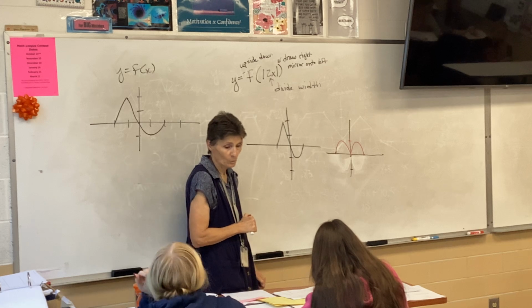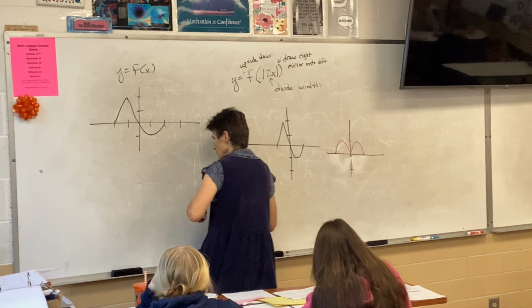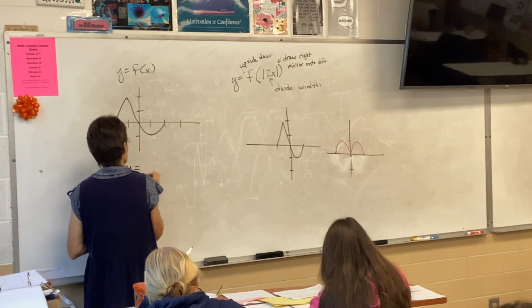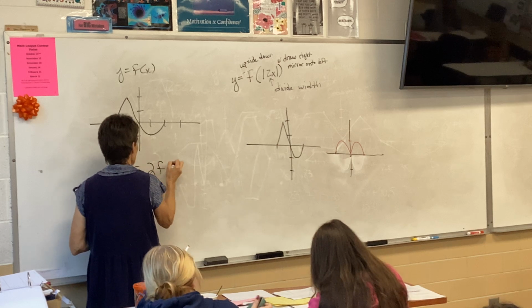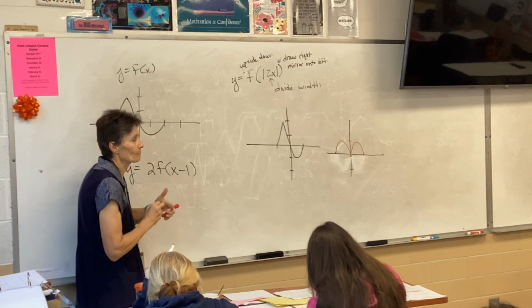Okay, so I'll do one more of these. Let's see, how about, what would this look like? Same picture to start with. Y equals 2 f of x minus 1.